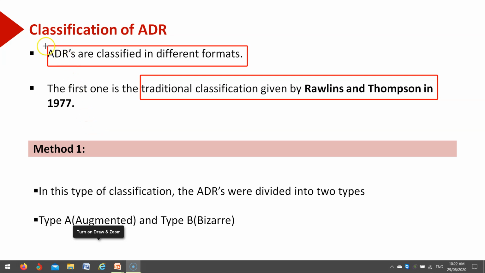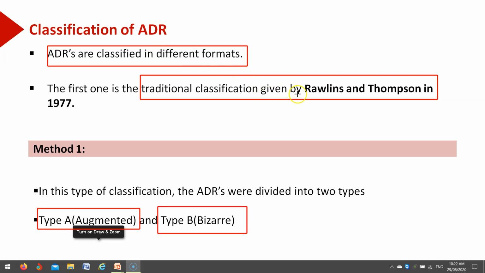So ADRs are classified into different formats. The first one we have studied is Rawlins and Thompson's in 1977. That classification is said to be the traditional classification of adverse drug reactions.